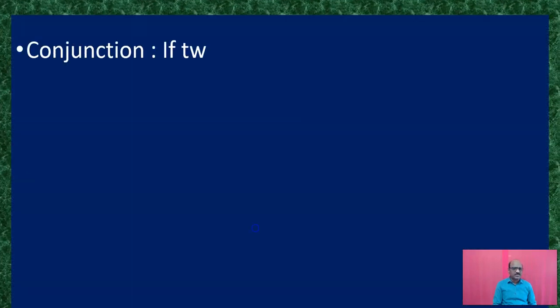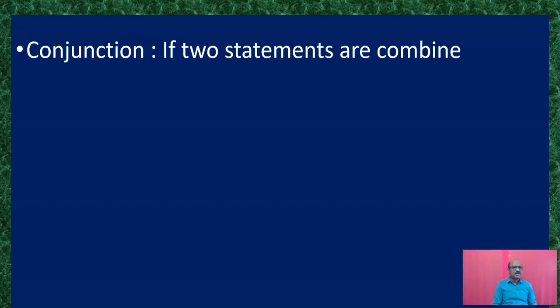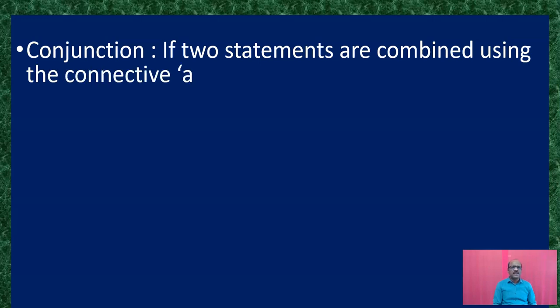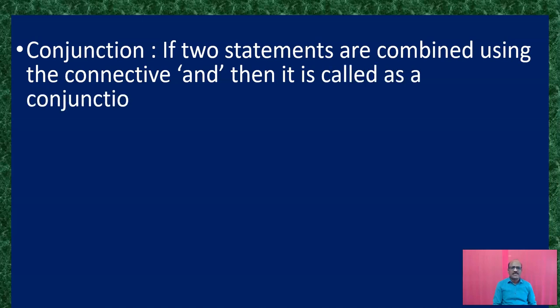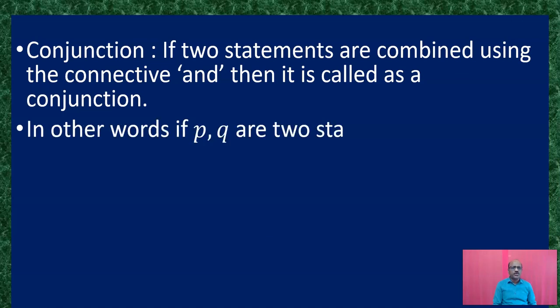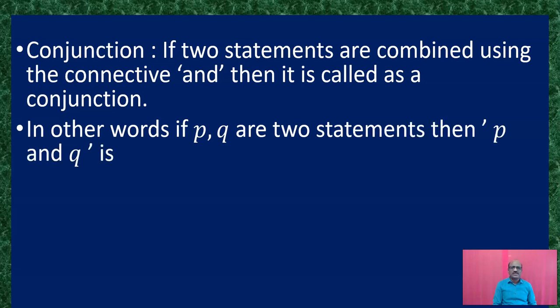First, the conjunction. If two statements are combined using the connective and, then it is called a conjunction. In other words, if P and Q are two statements, then P and Q is called a conjunction.